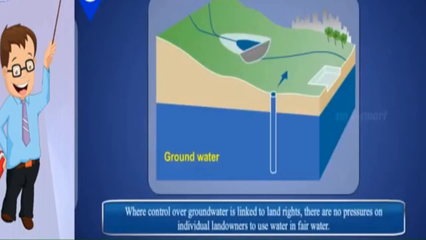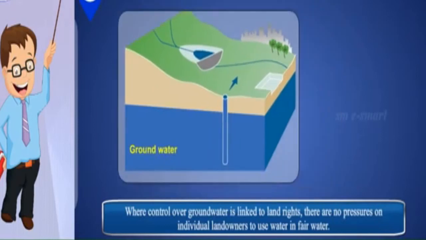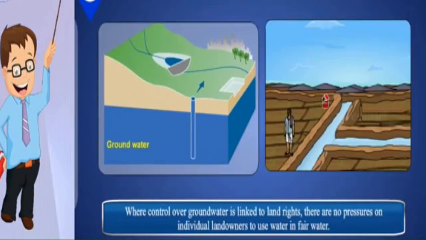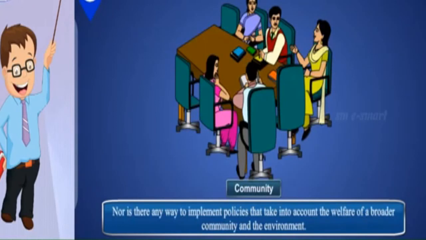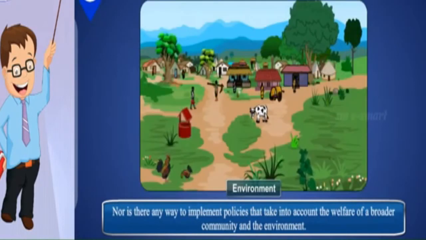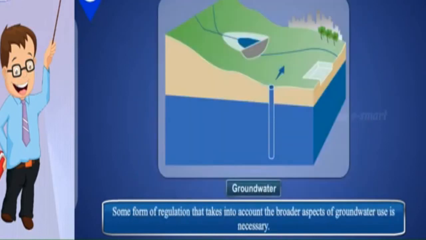Where control over groundwater is linked to land rights, there are no pressures on individual landowners to use water in a fair way. Nor is there any way to implement policies that take into account the welfare of a broader community and the environment. Some form of regulation that takes into account the broader aspects of groundwater use is necessary.